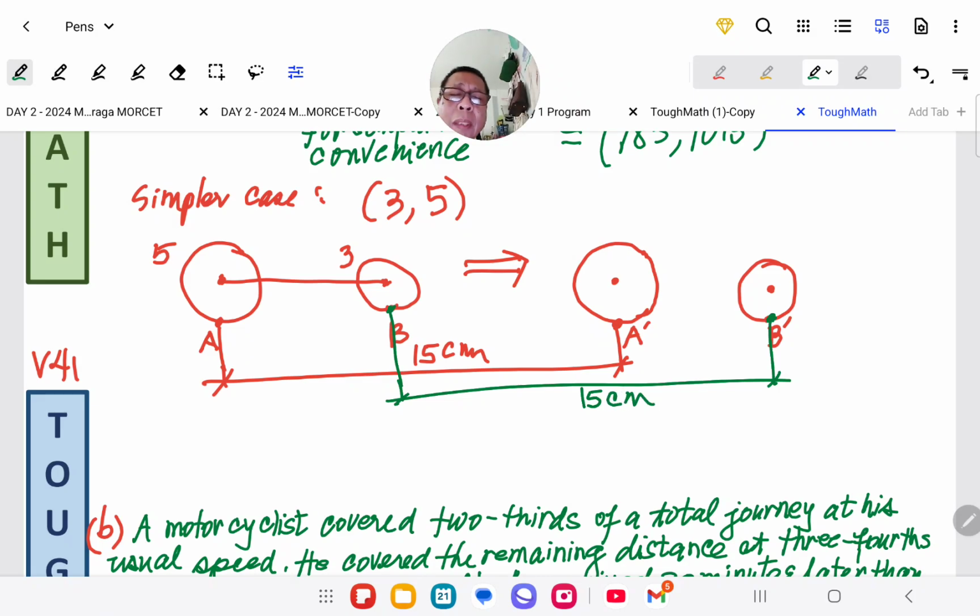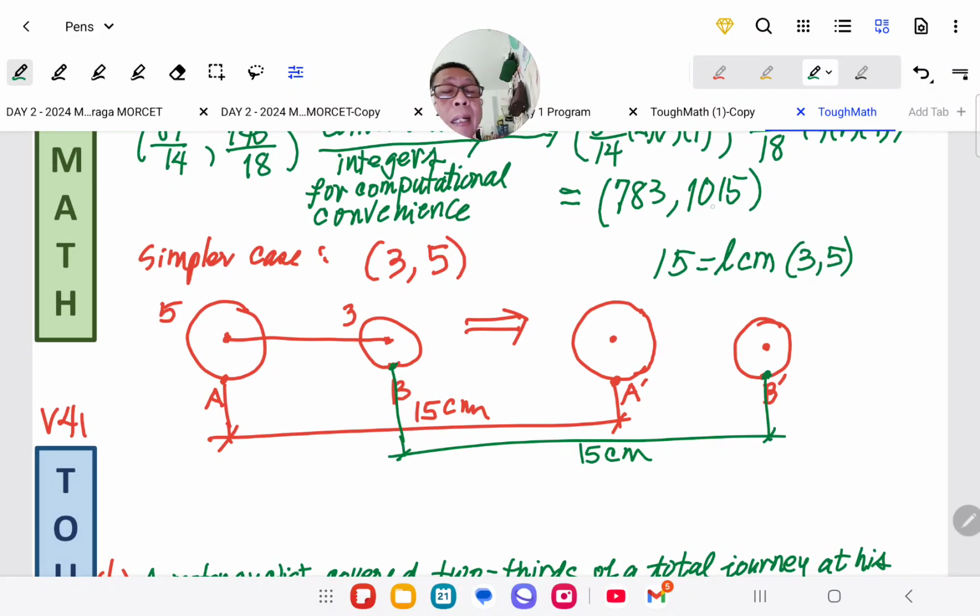And what do you notice of the number 15? 15 is actually the least common multiple of 3 and 5. Okay? So, what do we do with the problem at hand?